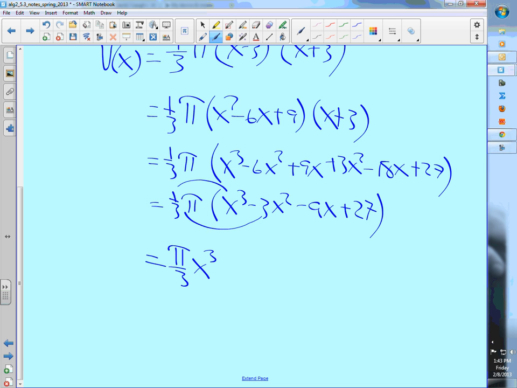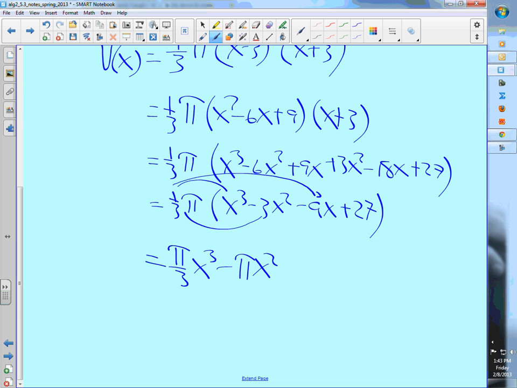Negative pi over 3 times 3x squared. So what will happen when you do pi over 3 times 3? What will we have? Pi x squared. So minus pi x squared, because those 3's will cancel. And then what will happen when we go here?